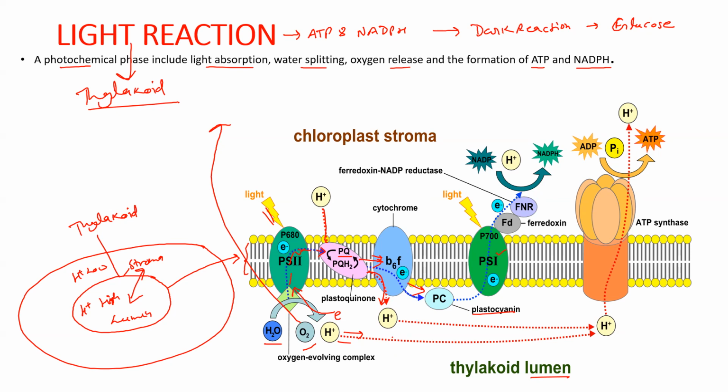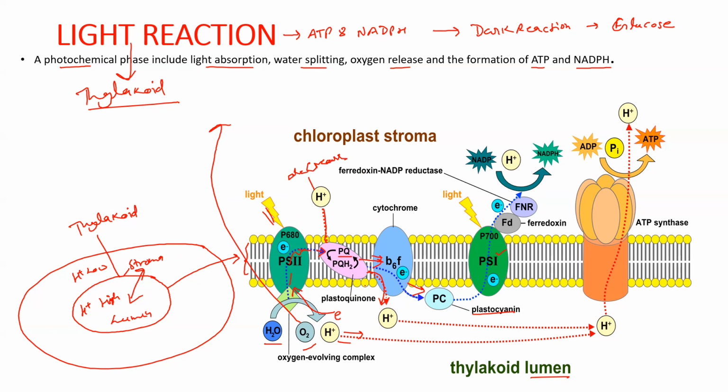So in both ways, by splitting of water inside the lumen and by transferring the hydrogen ion from cytochrome, the H ion concentration is increased inside the lumen. Now, because PQ is using the stroma H ion and sending it to the lumen, it decreases the concentration inside the stroma.